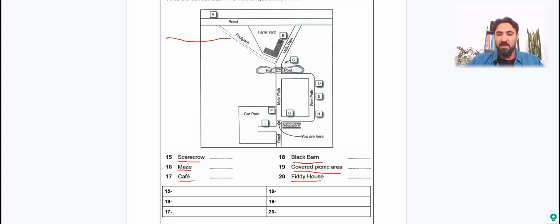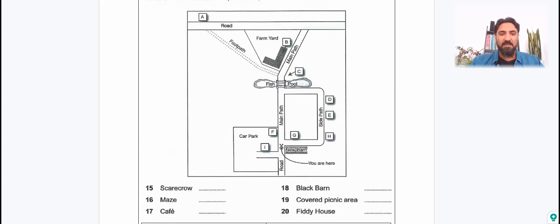So these are labeled as different letters, A, B, C, D, E, F, G, and H, and you will need to write the letter next to the numbers that is provided. For example, number 15, which is the scarecrow, where is the scarecrow?